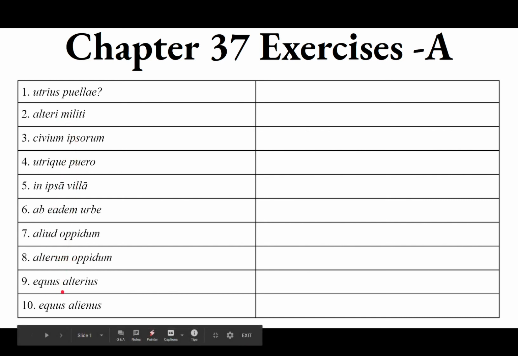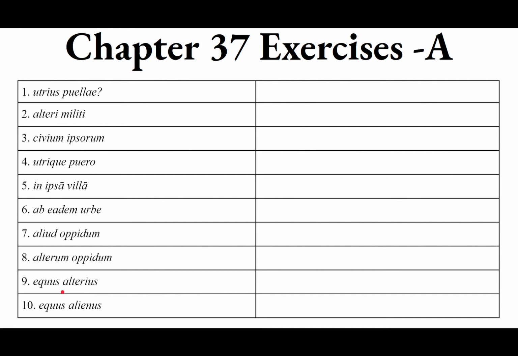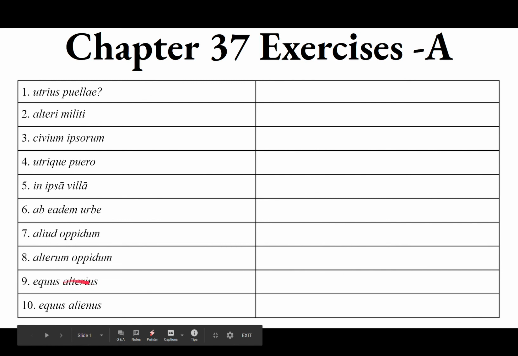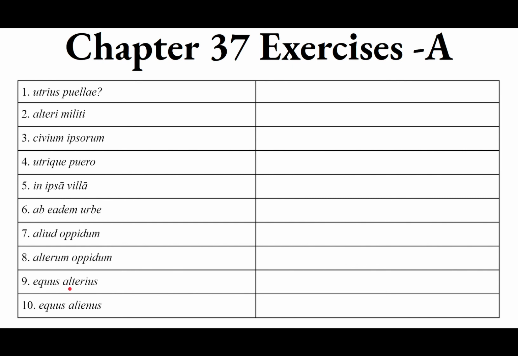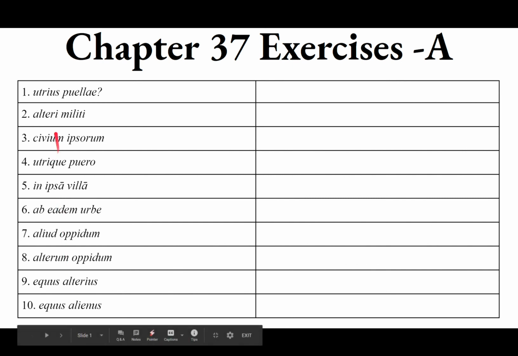Number 9, equus alterius. Equus alterius, where alterius, because it's a heteroclite, is the genitive, ius, of alter, altera, alterum. So the genitive is going to be alterius for all genders, and then alteri, like it is in sentence number 2, is going to be the dative singular.